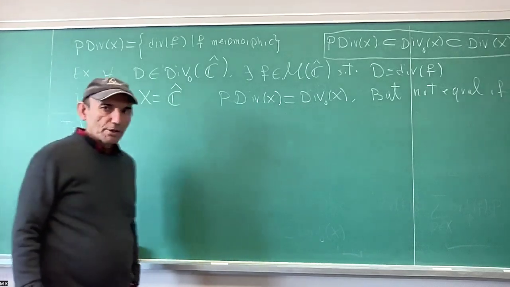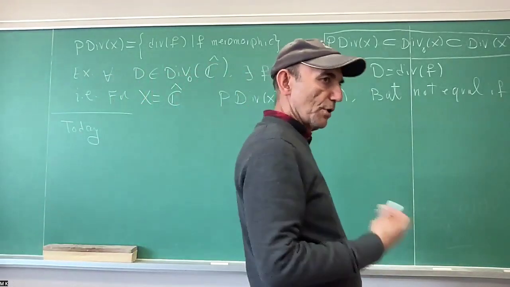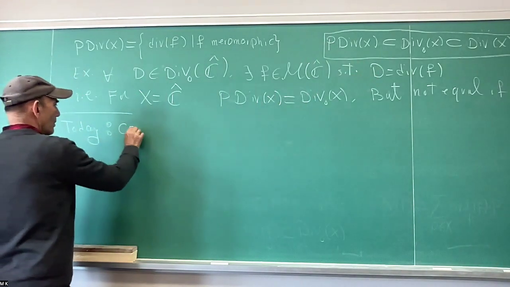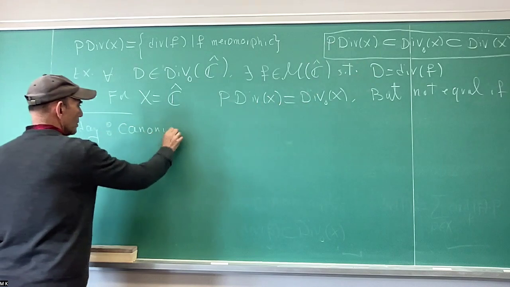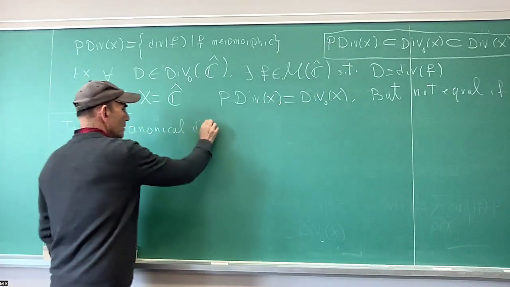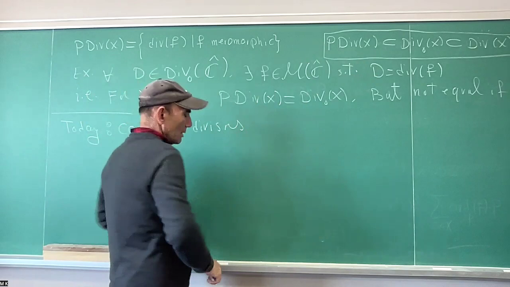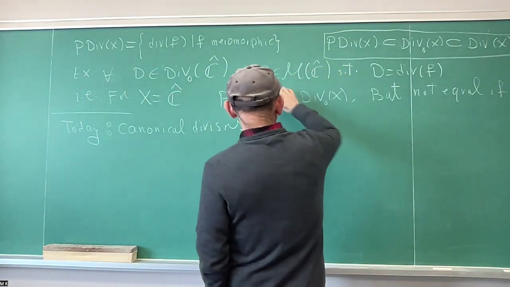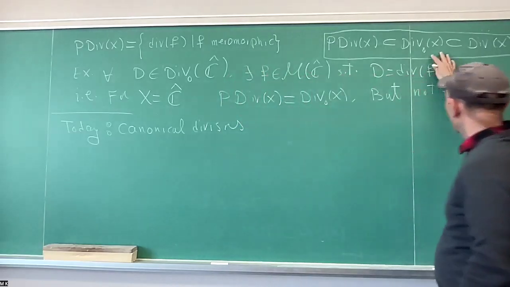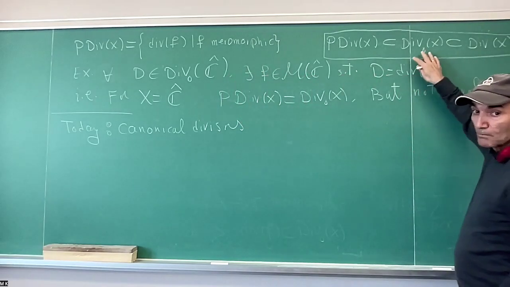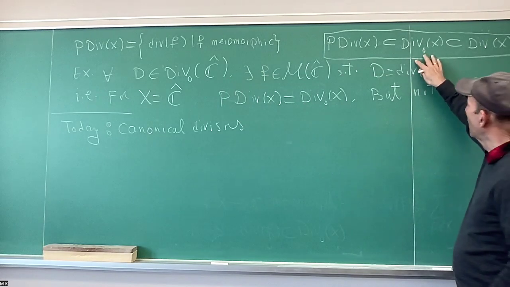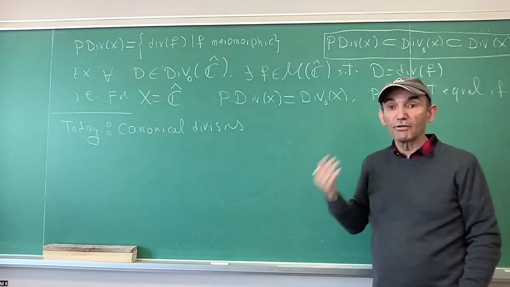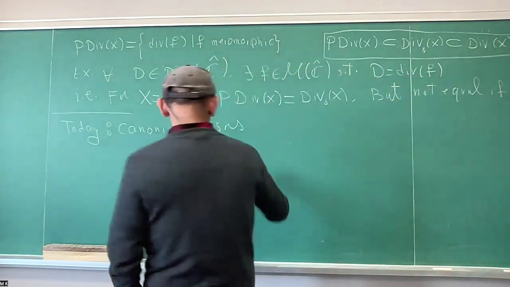we are going to consider another class of divisors. We call it canonical divisors. So what is a canonical divisor? These principal divisors are divisors of functions. Now, if we take a meromorphic one form, then we do get canonical divisors.